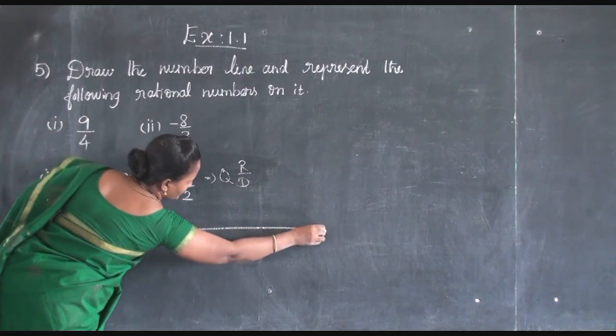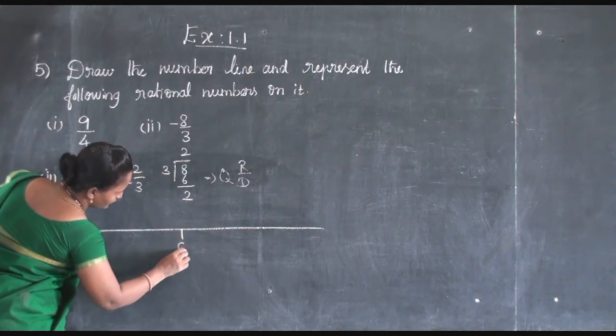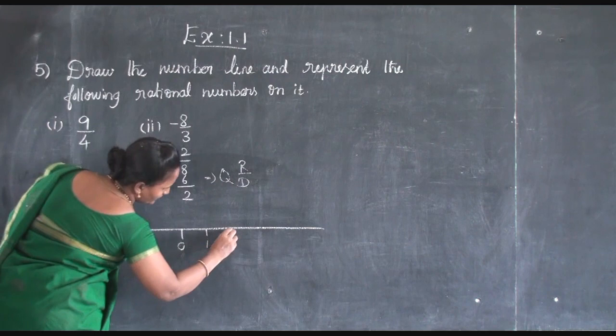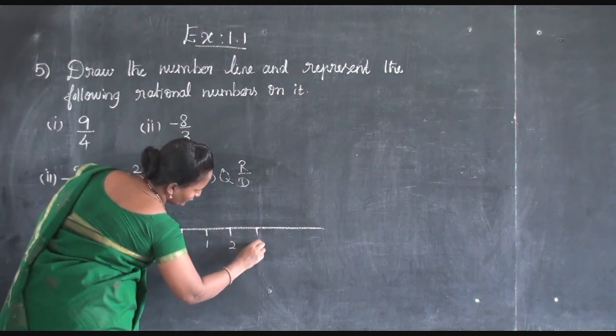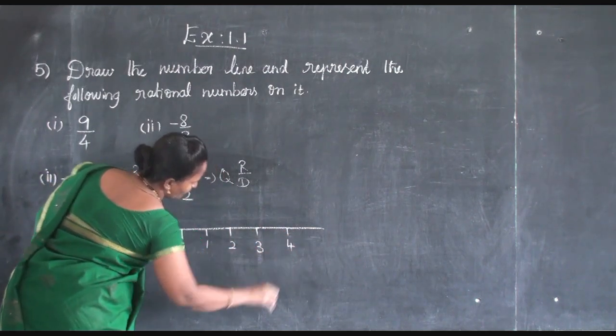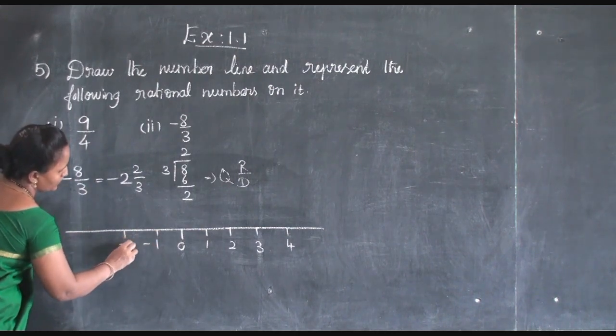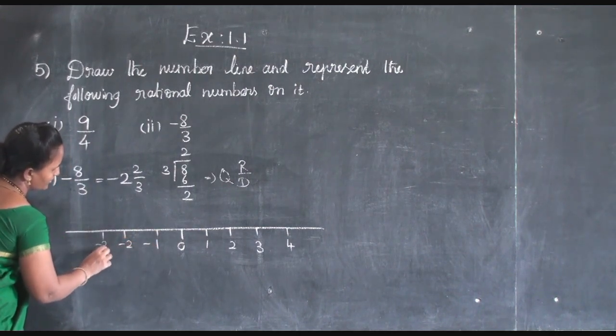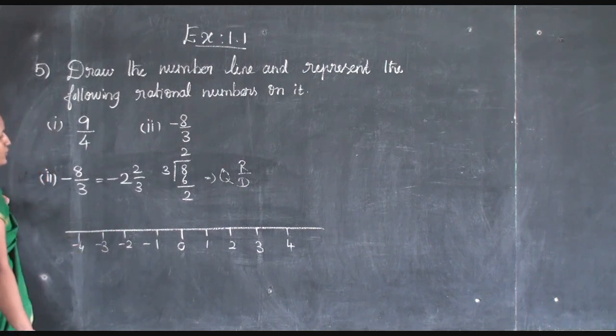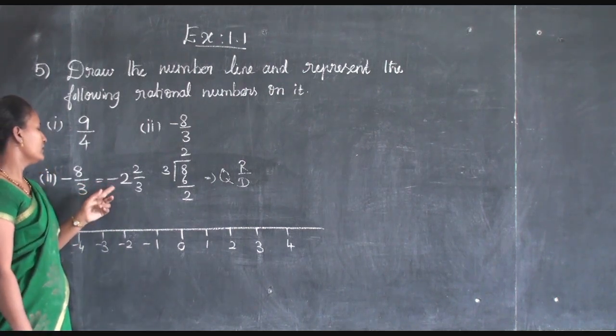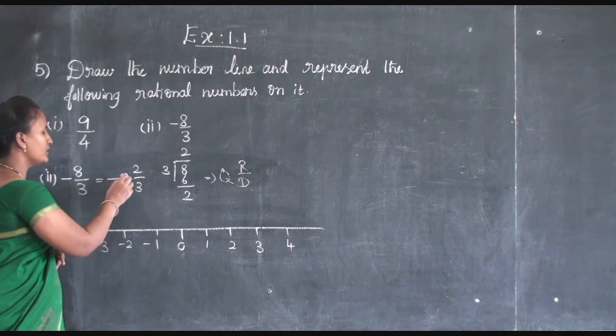Draw the number line. 0, 1, 2, 3, 4. Here -1, -2, -3, -4. Here also -2 is the whole number.